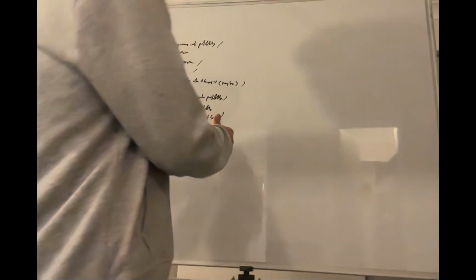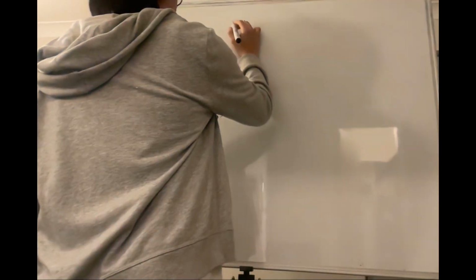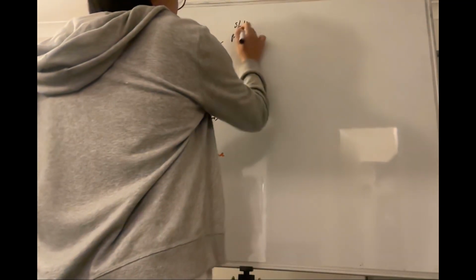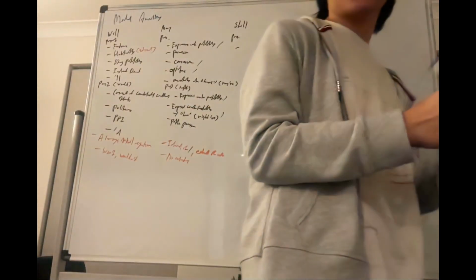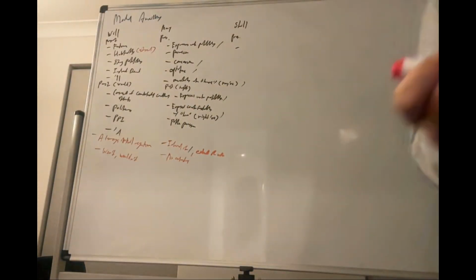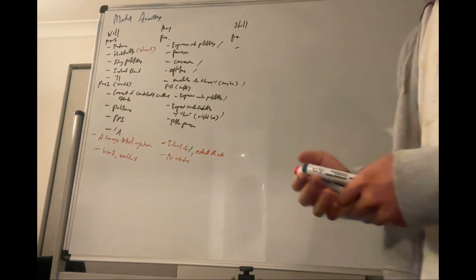next verb is shall. So the present tense. I should say non-past, but just know when I say present and non-past, I'm referring to the same tense. All right. Sometimes used in place of will.